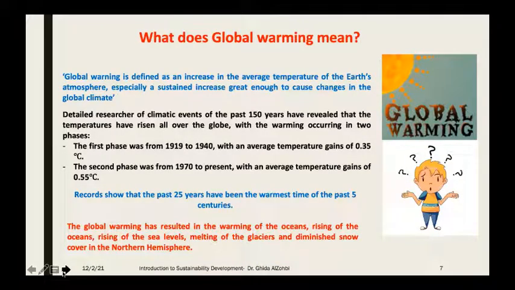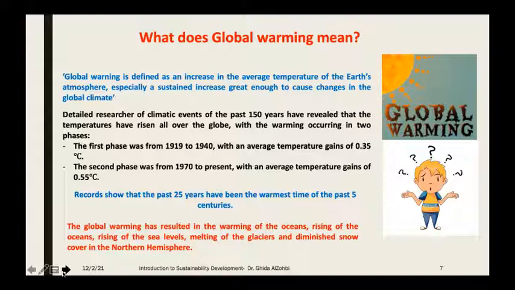Global warming is defined as an increase in the average temperature of the Earth's atmosphere, especially a sustained increase great enough to cause changes in the global climate. Detailed research of climatic events of the past 150 years has revealed that temperatures have risen all over the globe, with the warming occurring in two phases.